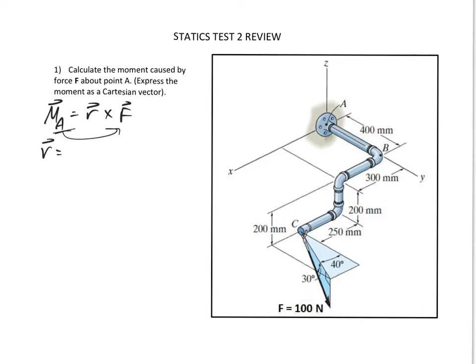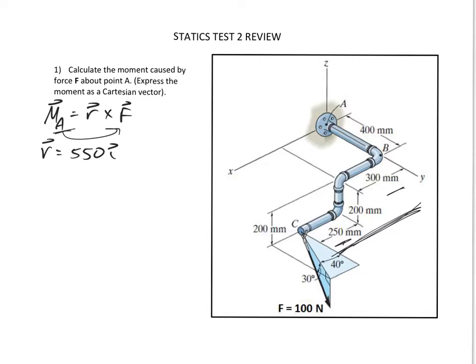How far does it go in X? It goes 250 plus 300, so positive 550 in the I. How far does it go in the J? We're going from A to the force.